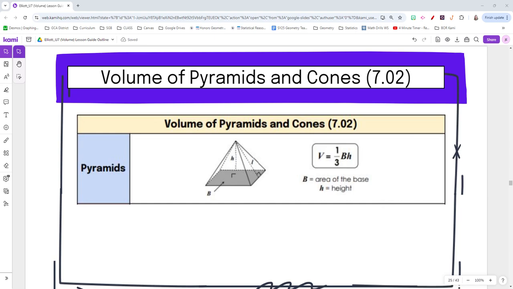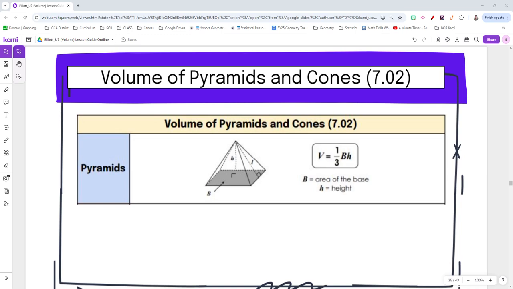So if I start out with, let's say, a rectangle as the base of my pyramid, as the pyramid gets taller, that rectangle is going to be similar to the base, but not congruent, because it is going to get smaller as we go up. In other words, the cross section is going to get smaller as the pyramid increases in height.